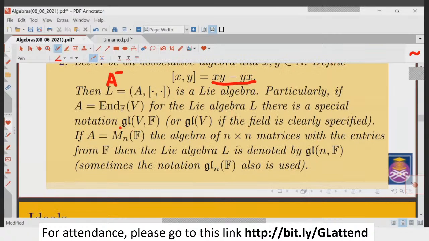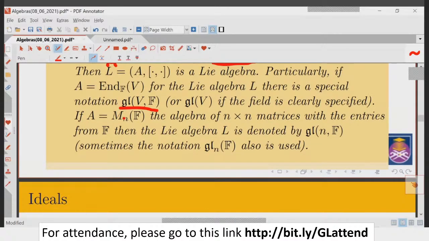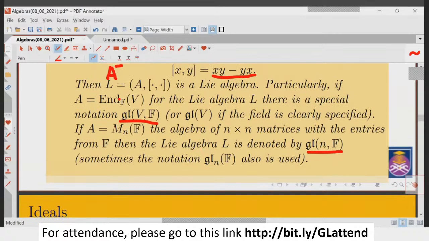It is denoted gl(V, F) or gl(V). If A is a matrix algebra, then it is denoted gl_n(F). You see, in the general case, the endomorphisms case, and here the matrices case, the notations are different: gl_n(F) here, gl(V) or gl(V, F) there.